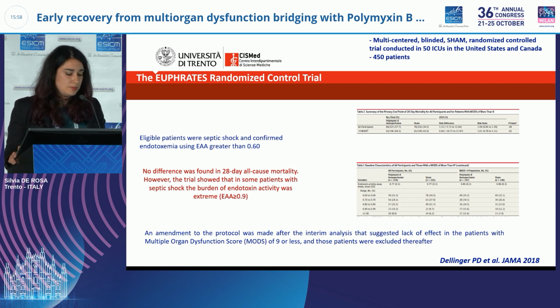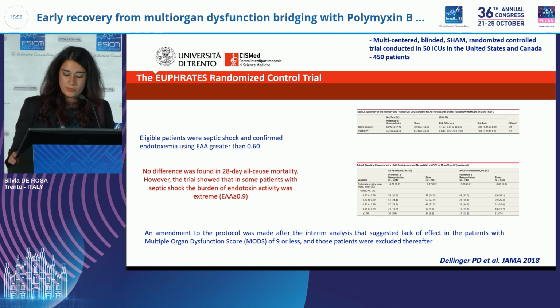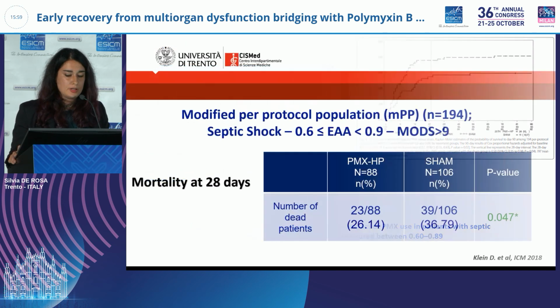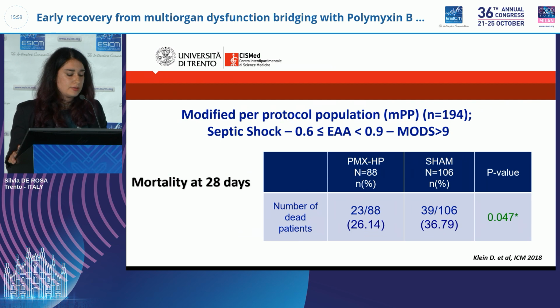So they made an amendment of the protocol, suggesting a lack of effect in patients with a MODS of 9 or less, and those patients were excluded. Afterwards they performed a post-hoc analysis using the same endpoint, assessing the impact of PMX use in patients with septic shock and endotoxin activity assay measured between 0.6 and 0.89. What they found was that mortality at 28 days was lower in the PMX-HP group.